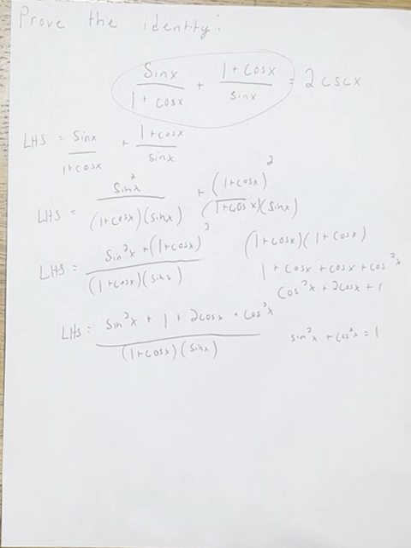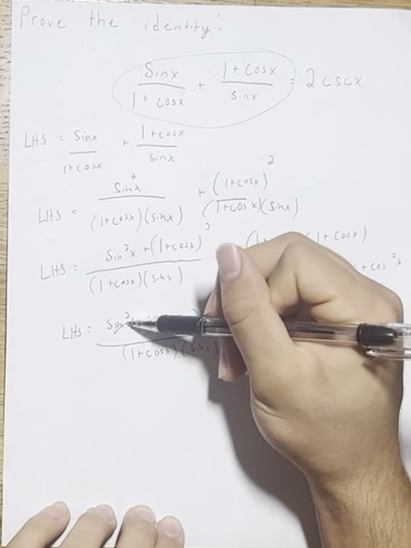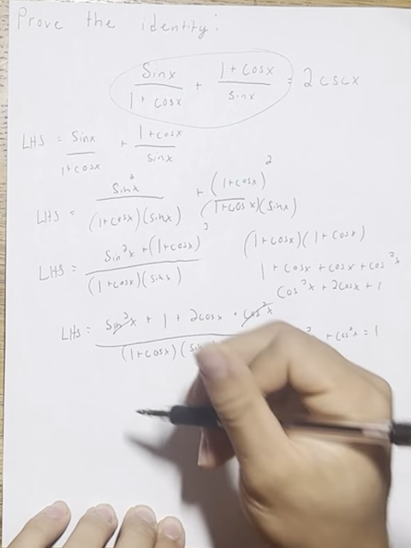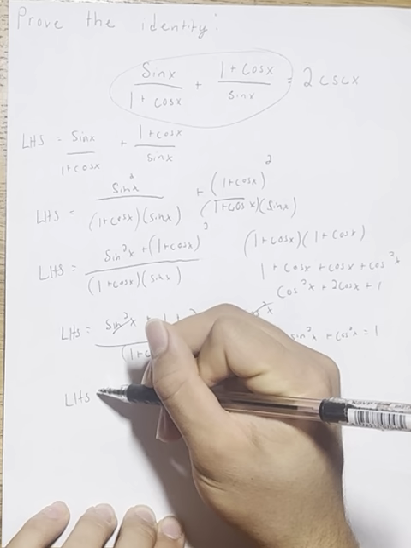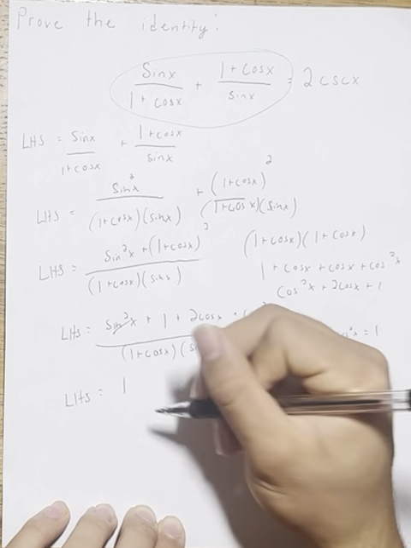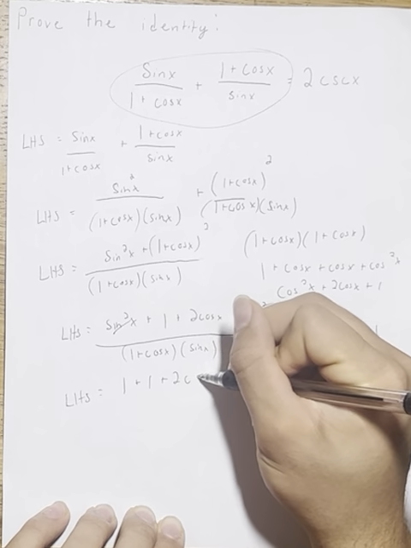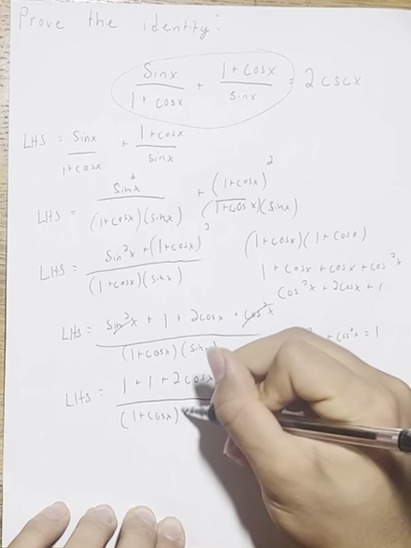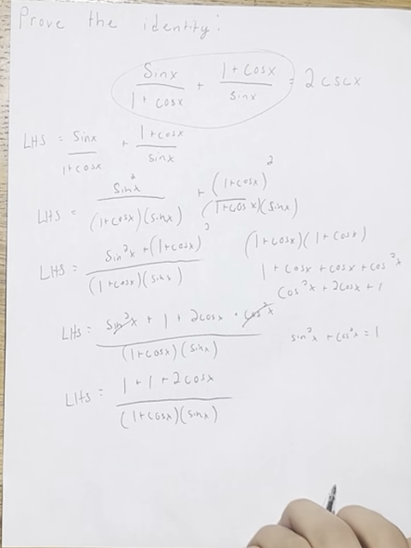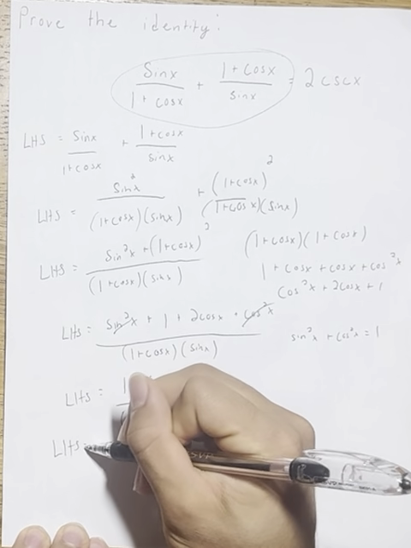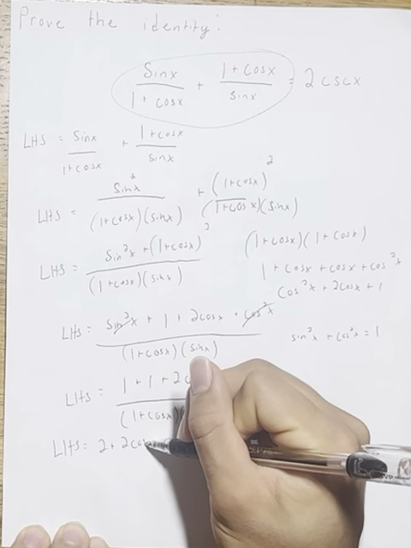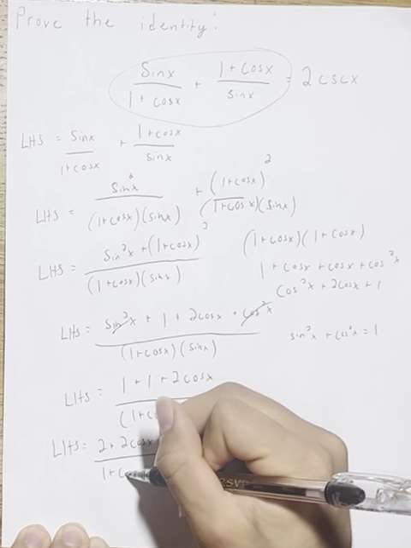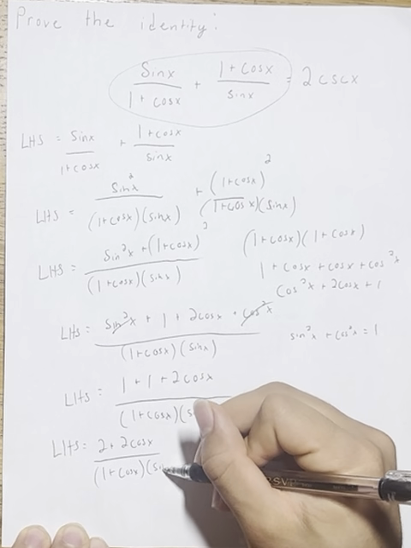So I'd sub 1 in for sine squared x plus cosine squared x. So for these two values, I would cross them out, and I'd just write the left-hand side equals 1 plus 1 plus 2 cosine x all over 1 plus cosine x times sine x. So in this case, the left-hand side equals 2 plus 2 cosine x all over 1 plus cosine x times sine x.